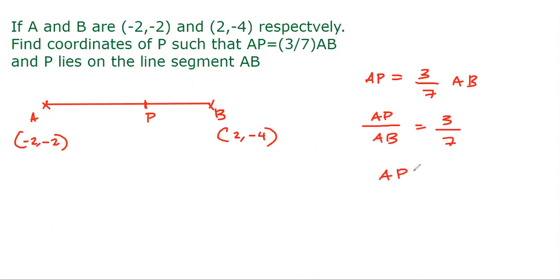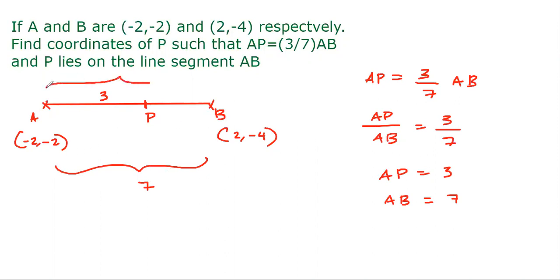From this you can conclude AP is equal to 3 and AB is equal to 7, since these are ratios. If so, then we can find the value of BP. If AP is 3 and AB is 7, then PB will be 7 minus 3, 4.